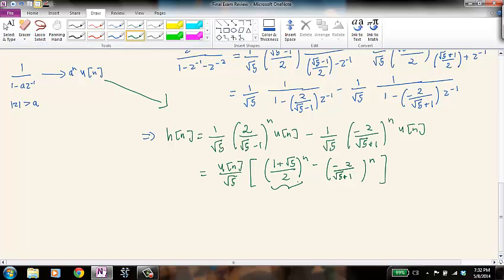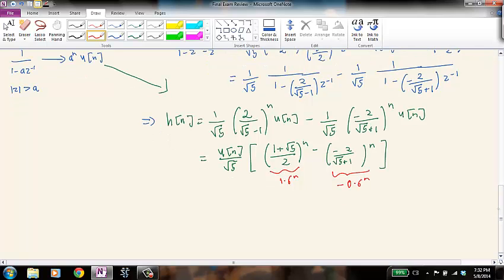The first term here is a number that's greater than 1. It's like 1.6 raised to n. The second term here is minus 0.6 raised to n. So exactly what we predicted from the pole zero diagram. So this is somewhat exciting, not extremely.